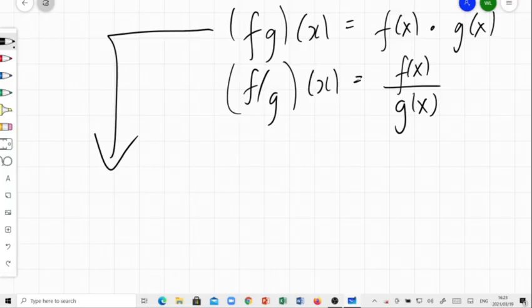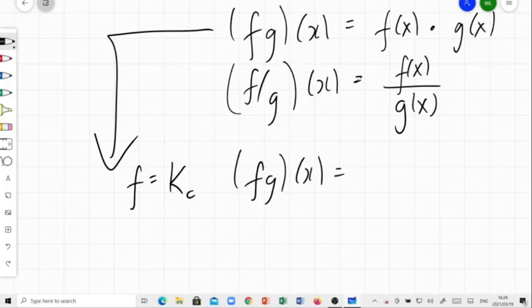Let's take the concrete case of f being the constant function c. Now it maps all x's into c. Then fg of x is going to be nothing but c times g of x.